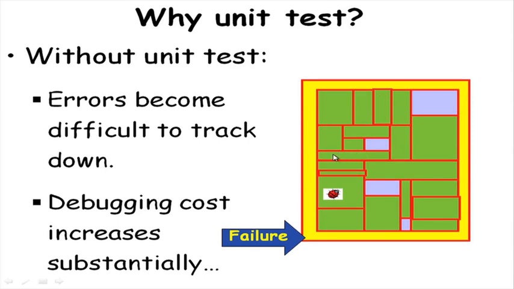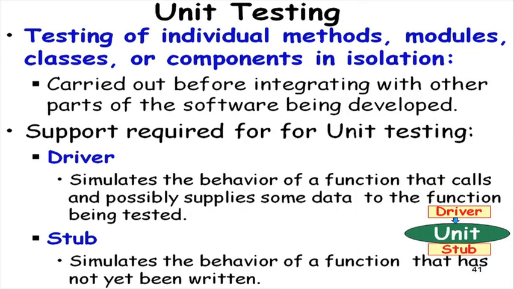Maybe the code is tens of thousands or 50,000 lines long, and we have to look through there somewhere trying to find out where the bug is. On the other hand, if we had done the unit testing, and when we observed the bug, we might have a very small amount of code to look at, and we can easily identify the bug.